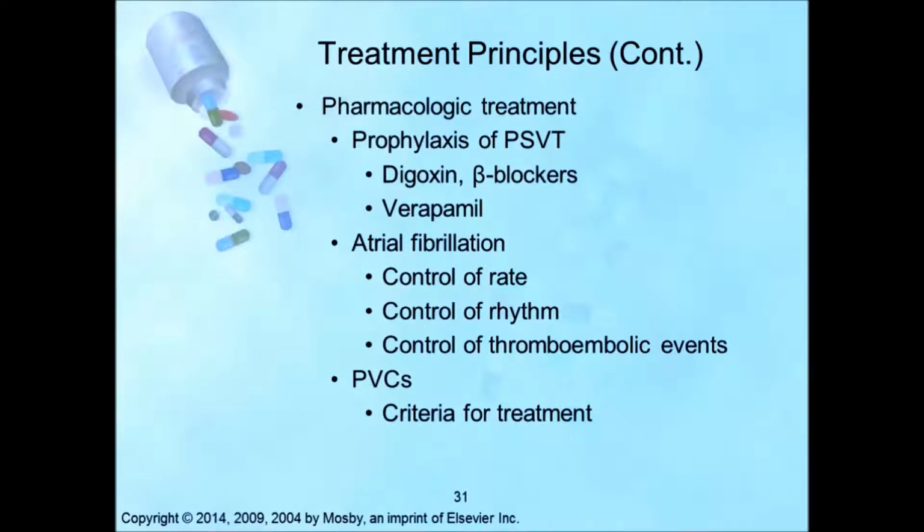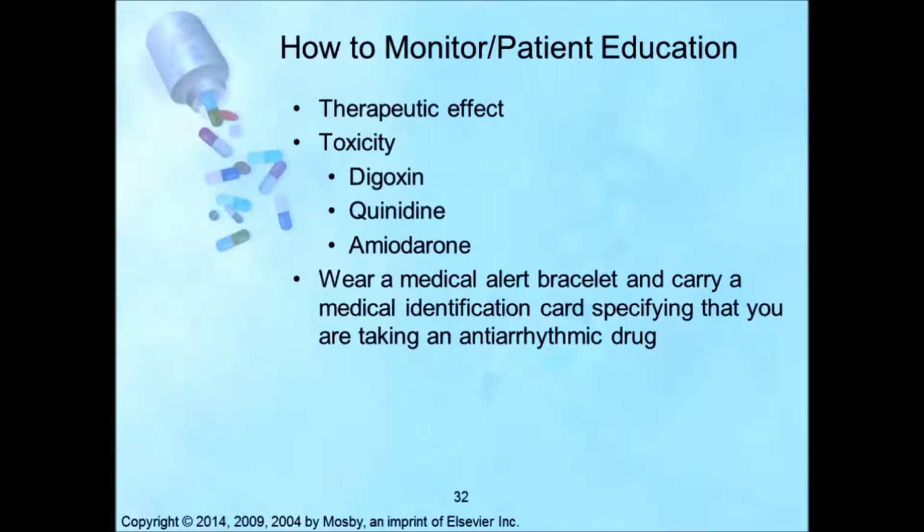So caution needs to be used when using these drugs. Again, these patients should be under the care of a cardiologist, and after the patient has stabilized, you as the primary care provider would be monitoring the stable patient.